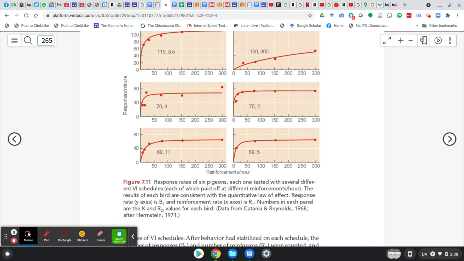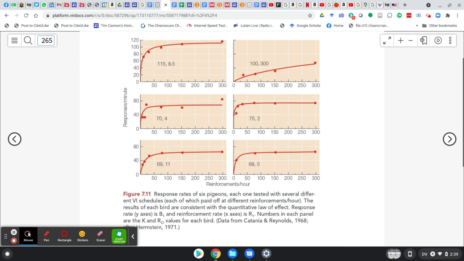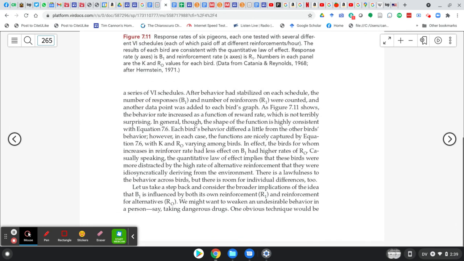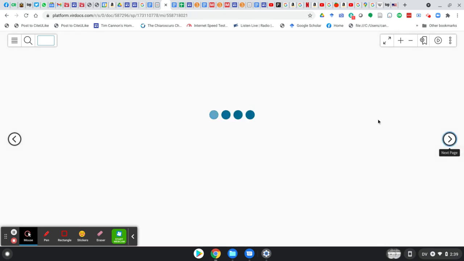So what you would do is you would take a bunch of animals, get cumulative records for them, and publish the cumulative record. And these aren't cumulative records, but they are graphs of pigeon behavior across different reinforcements per hour. And again, you can see VI schedules. Pretty brilliant. And here we are at the end of the chapter.